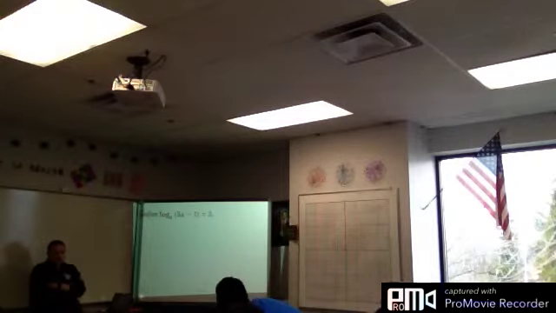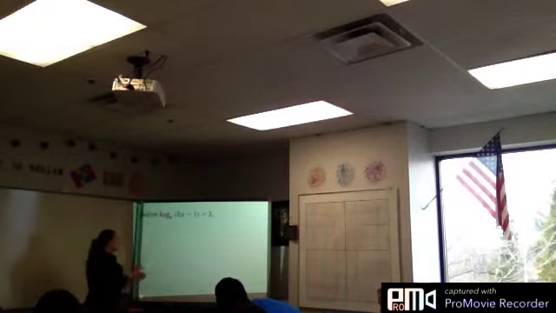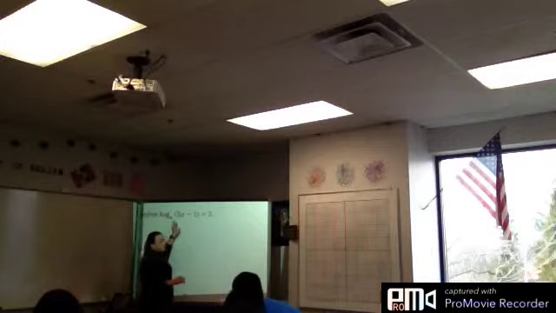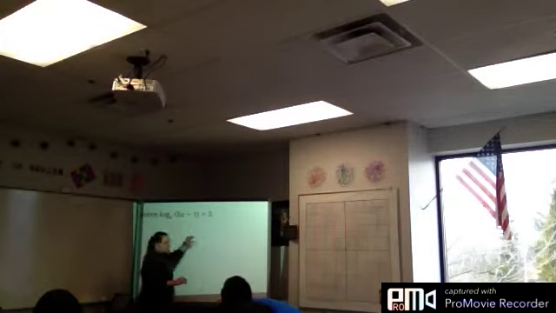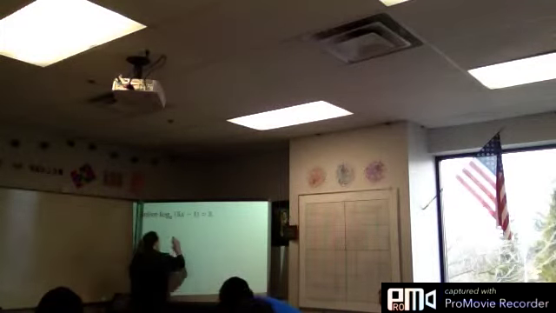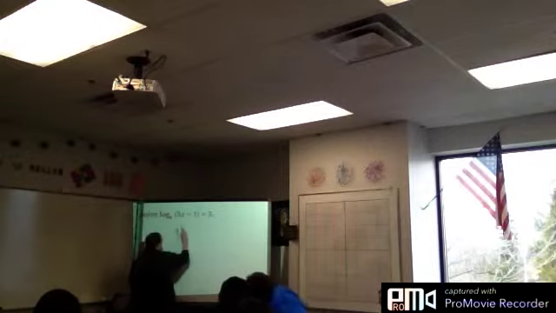No. This isn't natural log, but if it was natural log, I'd use E. So what's my base on this log? 4. I'm going to take 4 and raise it to the power of all of this. So I'm going to say 4 to the power of log base 4, 5x minus 1.